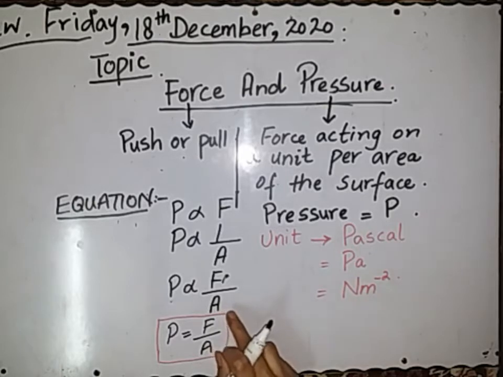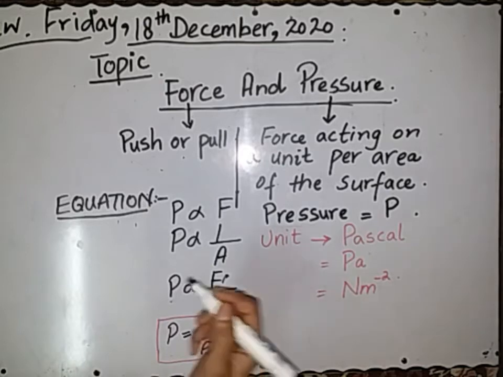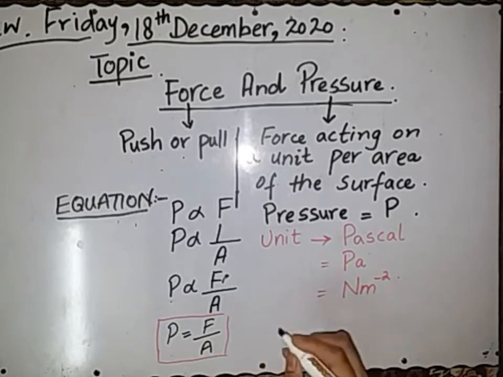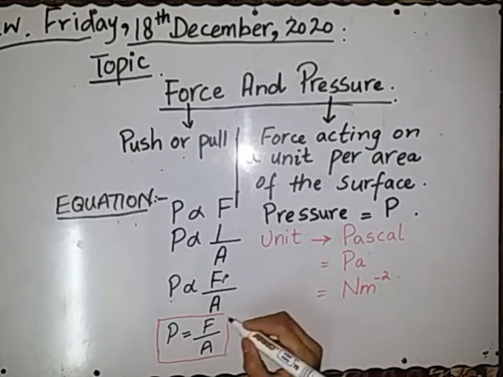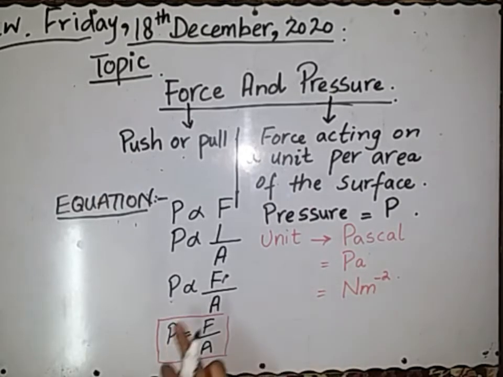Similarly, pressure is inversely proportional to the surface area. Let me explain it with the help of an example. A sandal with a pointed sole will produce much more pressure as compared to a flat sole.